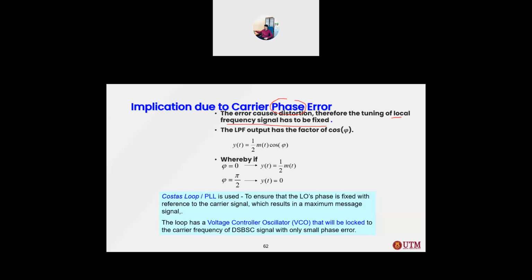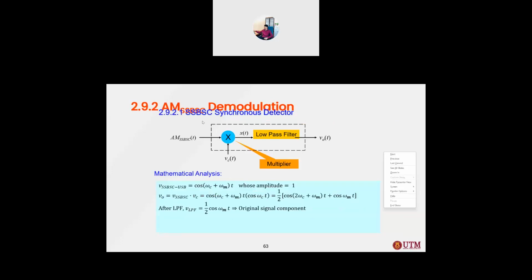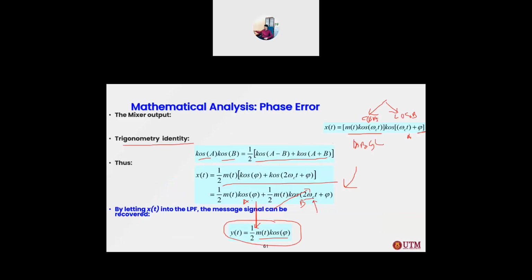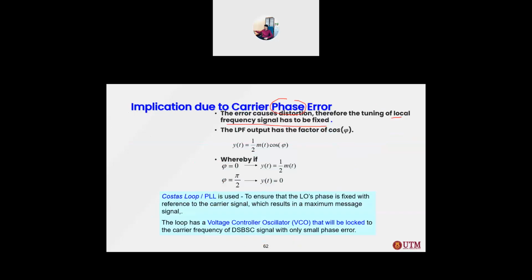The low pass filter output has the factor of cos φ. If you go to the previous slide, you have the phase error here, and it is still being carried through. The error is being propagated to the next stage, so we need to fix it. The error causes distortion.